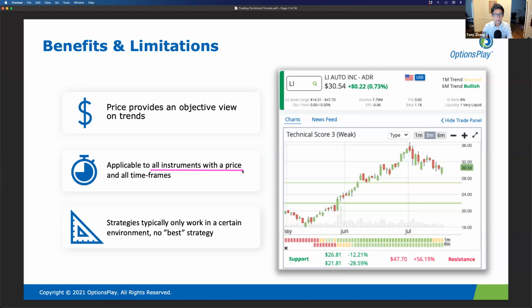However, if you're a fundamental analyst or a statistical analyst, you're going to find that those forms of analysis may only be limited to the asset that you're trading, and you can't apply fundamental analysis to interest rates. You can't apply fundamental analysis to commodities. So these are all things that are interrelated to what you're trading.